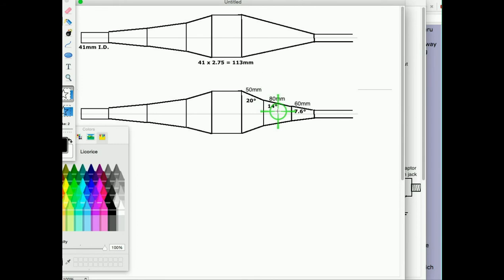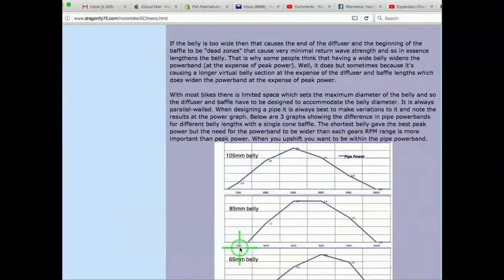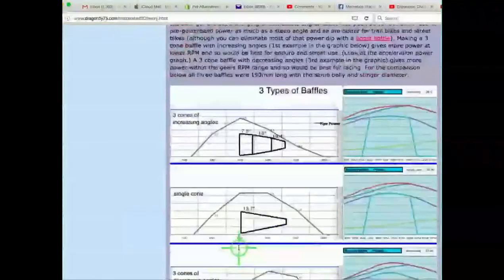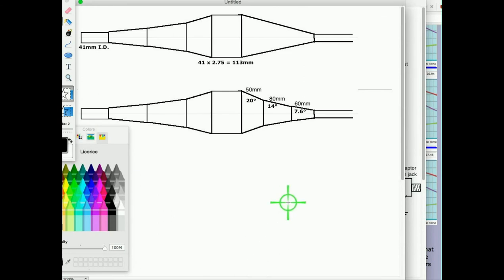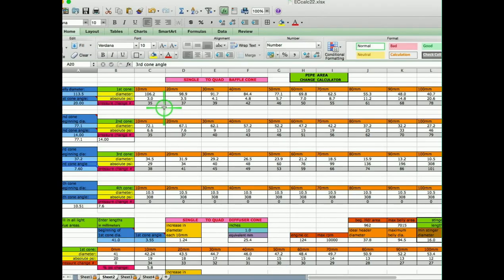So on the examples of the graphs that I gave before, this is the design that I used. To get these graphs out here, this is the design. And when I designed this, I just basically chose these 3 angles to give almost the same starting pressure change number, 35.